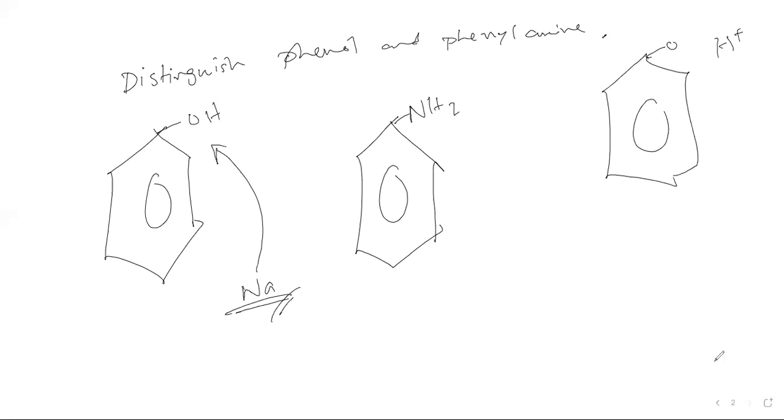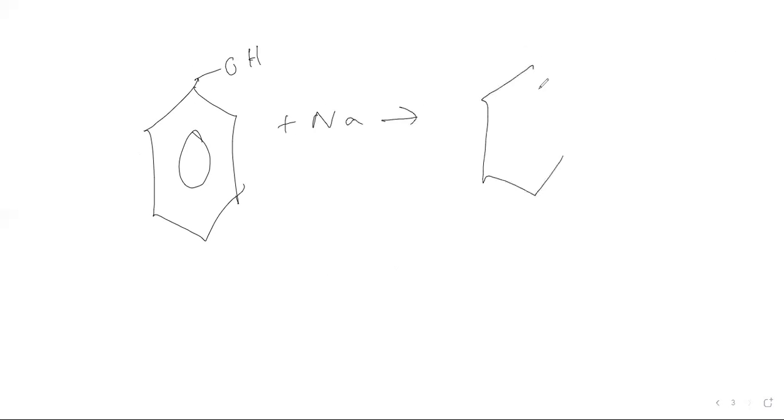So if we add sodium to phenol, our product would be the sodium phenoxide, where we can also give the charges on the ions, and with that hydrogen gas will be produced, isn't it?